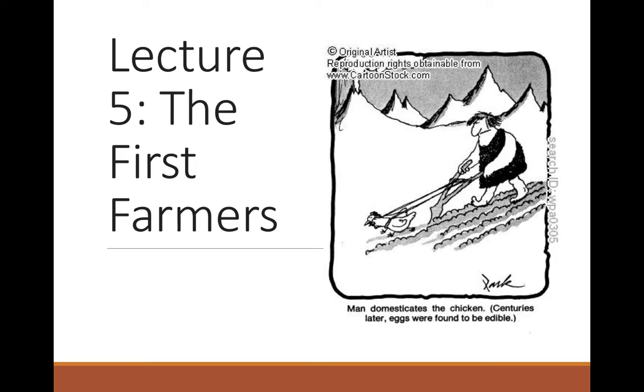But anyway, we're going to talk about many of the cultural changes that come at the very end of this last glacial period and kind of set the stage for the domestication of plants and animals.